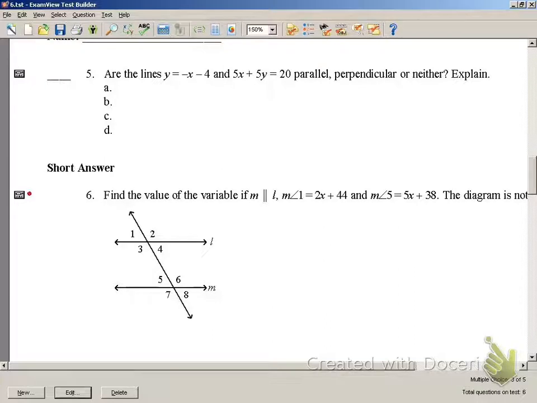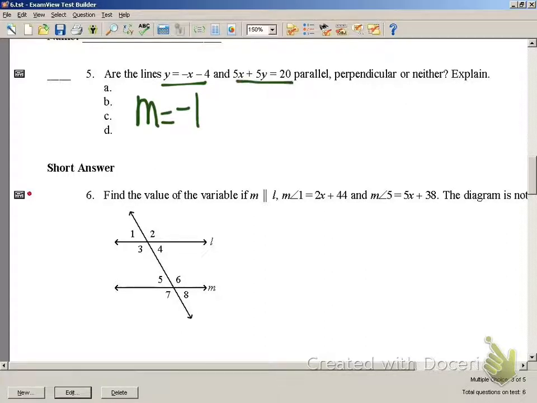If the slopes are the same, they're parallel. If the slopes are negative reciprocals of each other, they're perpendicular. If they're neither one of those, then they're neither parallel nor perpendicular. So for this line, my slope is the coefficient of x, which is negative 1.